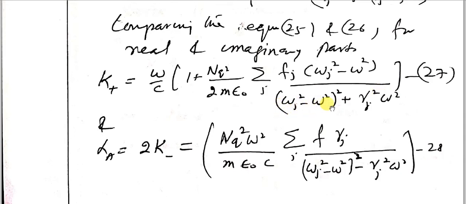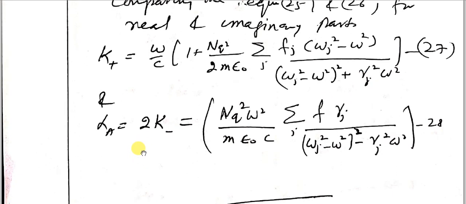So alpha is n q square omega square over m epsilon naught, sum of f j divided by omega j square minus omega square whole square plus gamma j square omega square. These are the finally obtained terms.